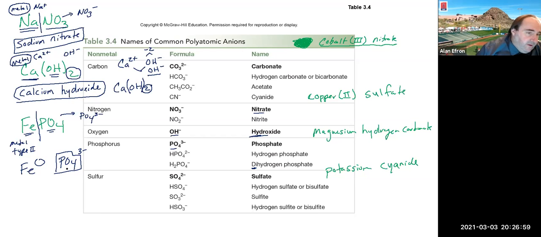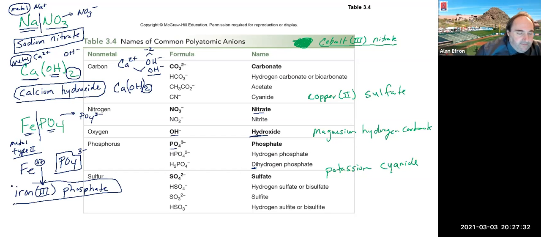Because it's phosphate, that 1 phosphorus and 4 oxygens are all going to be together. Has a -3 charge overall, which means the charge on the iron should be +3. And since it is a type 2, we do need to include that in the name. This would be iron Roman numeral 3 for the charge. And again, here we just use the entire name of the polyatomic ion, which is phosphate. Any question on that particular name there?